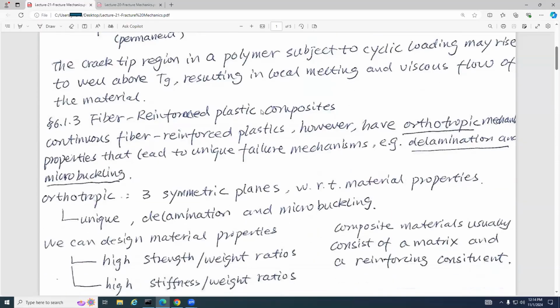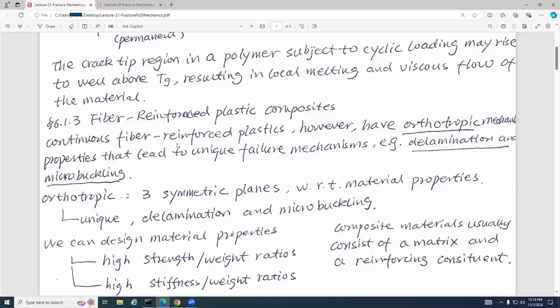This is fiber reinforced plastic composites. Some people use continuous fiber, some people use chopped fiber. The chopped fiber is very small fibers; by chopped, I mean cut.